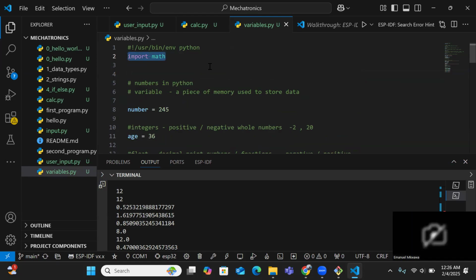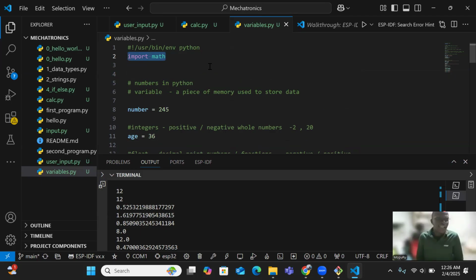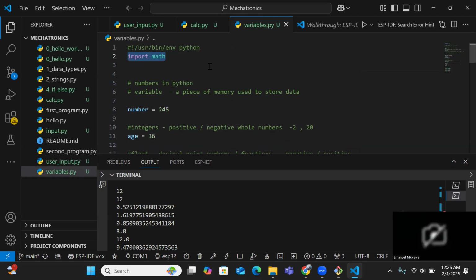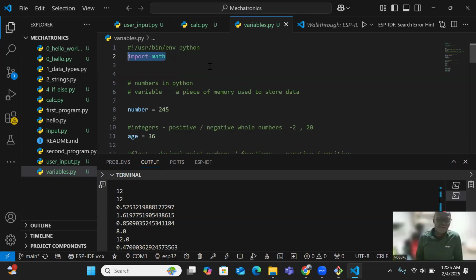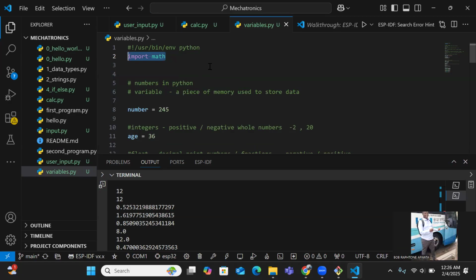As a first time user, you do not need to have any math something at the background connected. It just connects automatically. Somebody has already done how the cosine is working, how the sine is working, so you don't need to worry about how somebody did it. You just use it.